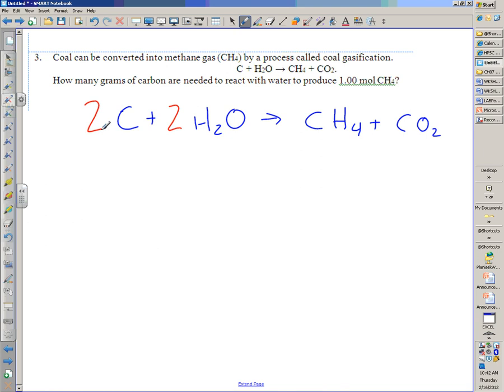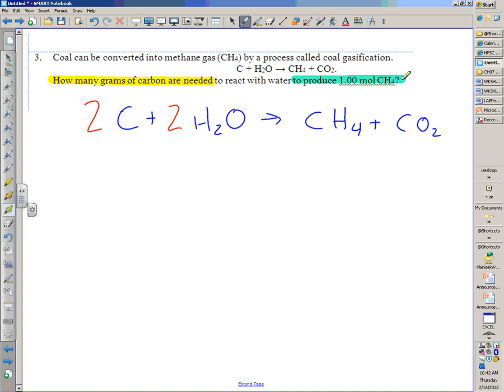Now, this problem is a little bit different, not real different, just a little bit different. What are they asking us for in this problem? How many grams of carbon are needed to produce 1 mole of methane?